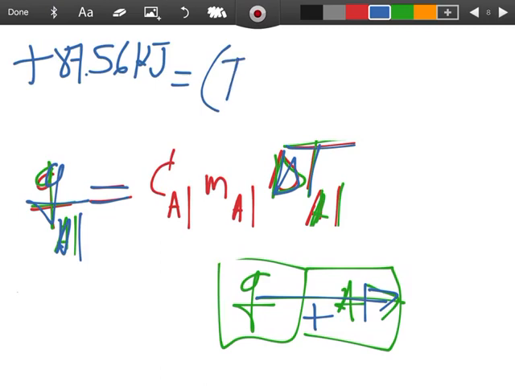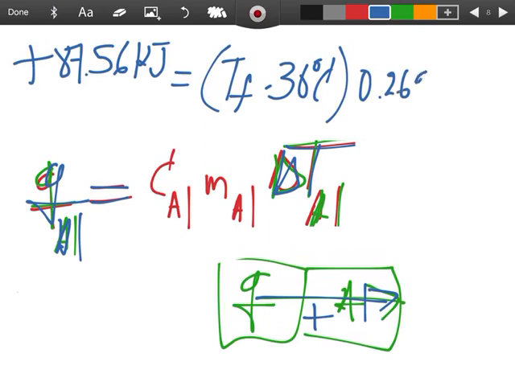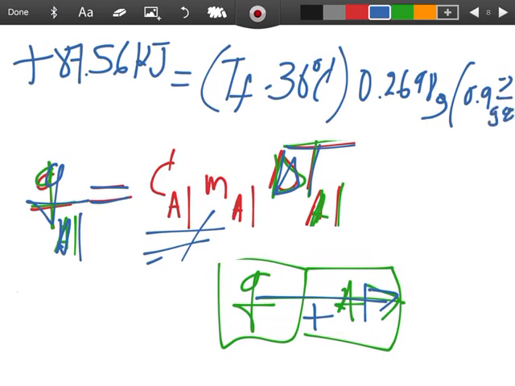The change of temperature is going to be the final temperature minus, I don't remember, 25. No, let's say that it's 30 Celsius. I know it's 25, but I resolved the problem for 30 Celsius. Times 0.2698 grams times the specific heat capacity of aluminum, which is 0.9 joules over grams and Celsius.